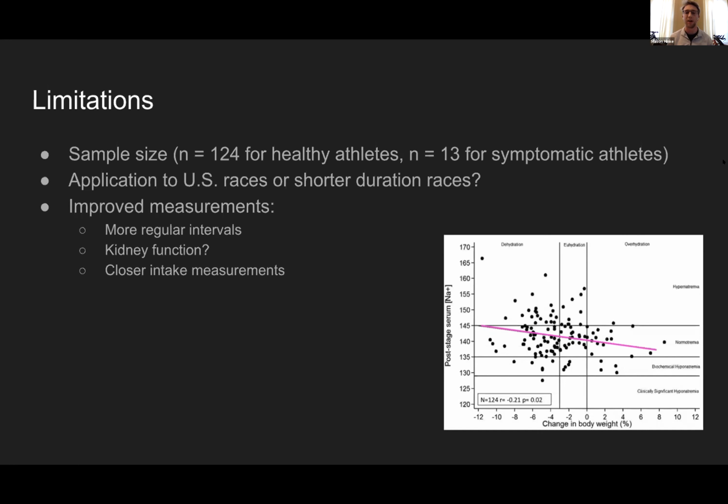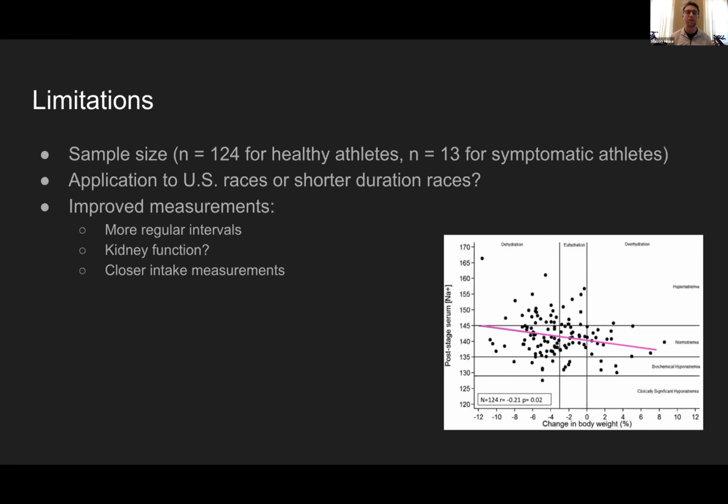So we're not really seeing a huge picture of what is representative and necessarily what we'd be treating too. It's also hard to tell how applicable the races are compared to races in the US, or potentially shorter duration ultra marathons or something like that, or relay races. We don't know the elevation change. There are a lot of variables that are still out of our control.